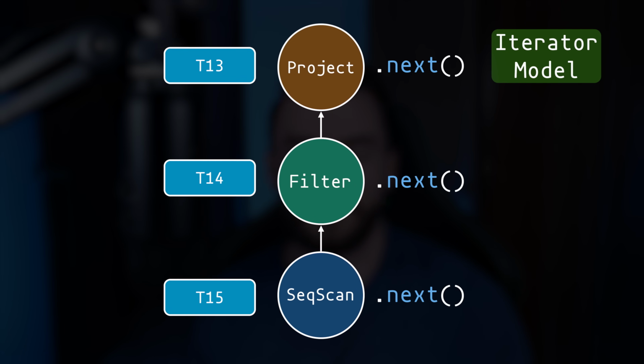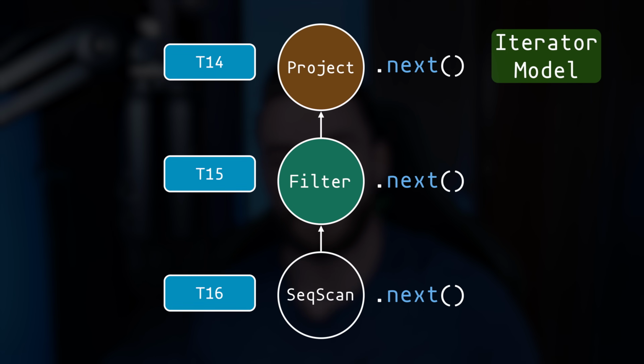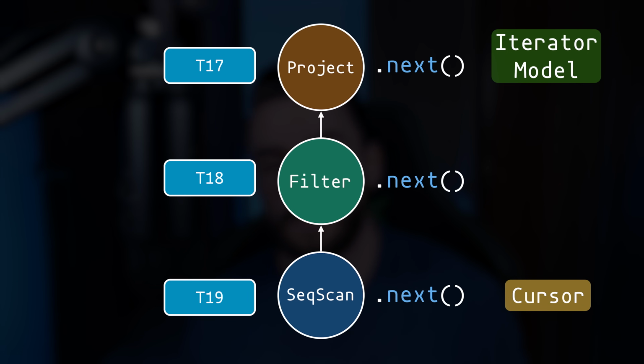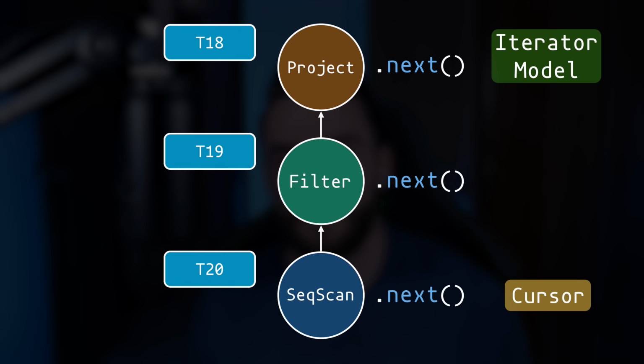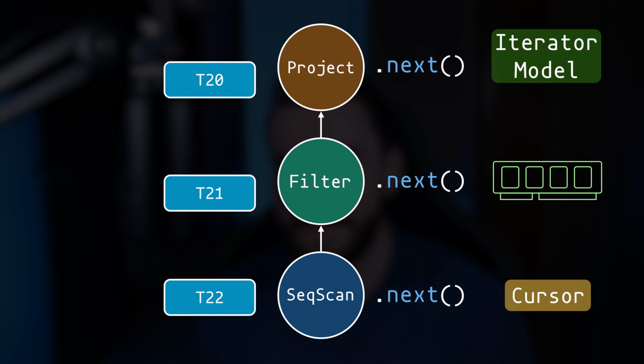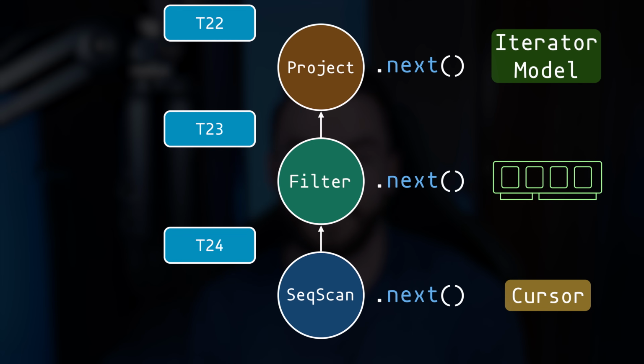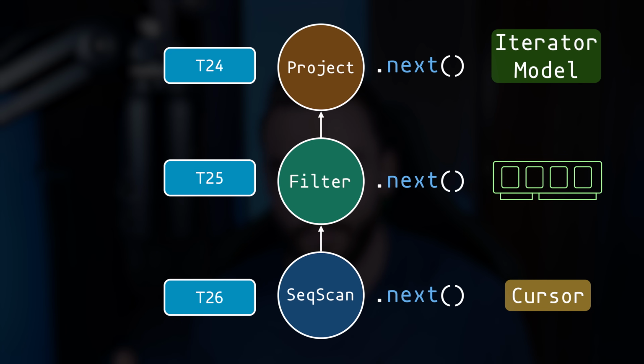At some point we're gonna get to the bottom of the tree where we're gonna find the scan plan or the scanner. The scanner has a cursor that goes over all the rows and returns tuples one by one without using any memory because the only state that it needs is the cursor. And that's what's interesting about this pattern. We can process a giant table one row at a time without worrying about RAM.